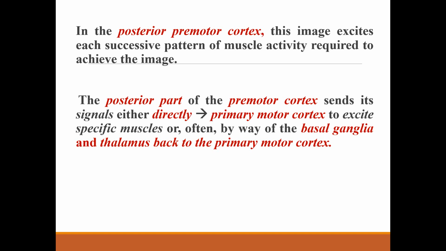In the posterior premotor cortex, this image excites each successive pattern of muscle activity required to achieve the image. The posterior part of the premotor cortex sends its signals either directly to primary motor cortex to excite specific muscles or often by way of the basal ganglia and thalamus back to the primary motor cortex.